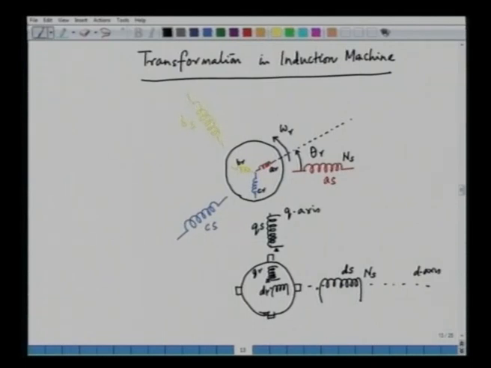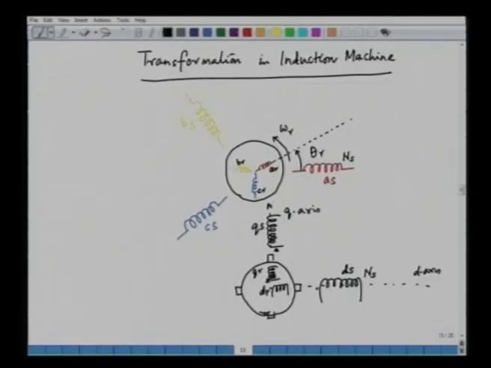The DQ machine is a hypothetical machine. It does not really exist in practice, but for our own convenience we are transforming the ABC machine into a DQ machine, and we have equalized the number of turns NS in the stator in the 3-phase machine and the same number of turns per phase for the 2-phase machine or 2-axis machine.